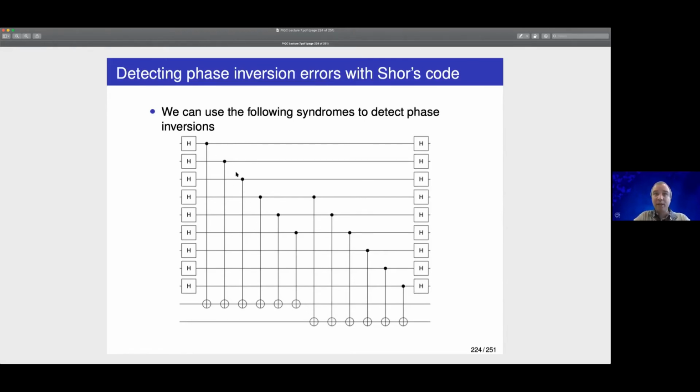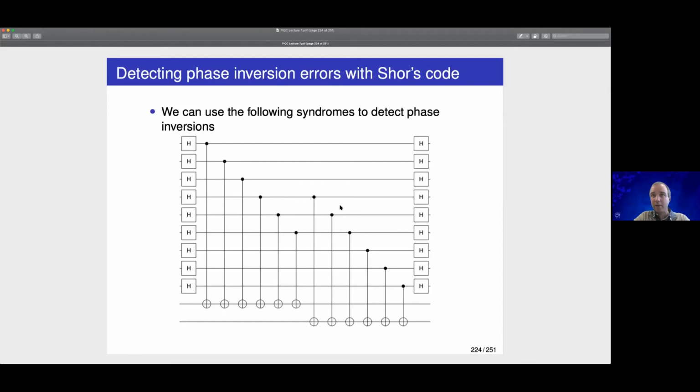In order to measure the phase inversion syndrome, I need to use 3 CNOT gates and 3 CNOT gates, because this is one logical qubit and this is another, the second logical qubit.